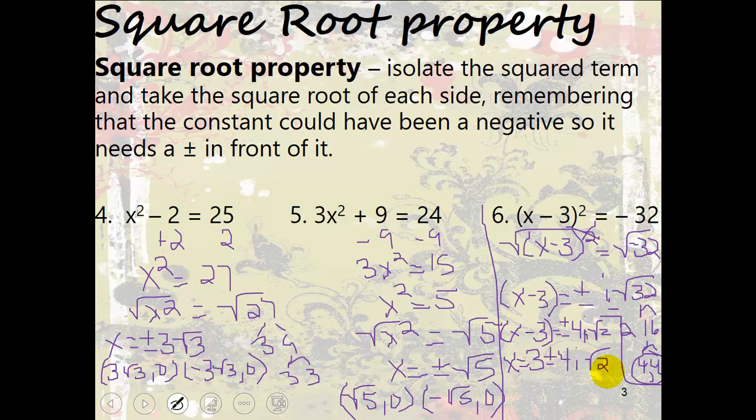And remember, we're not going to write these as ordered pairs because we have an i. X equals 3 plus 4i root 2, and x equals 3 minus 4i root 2.